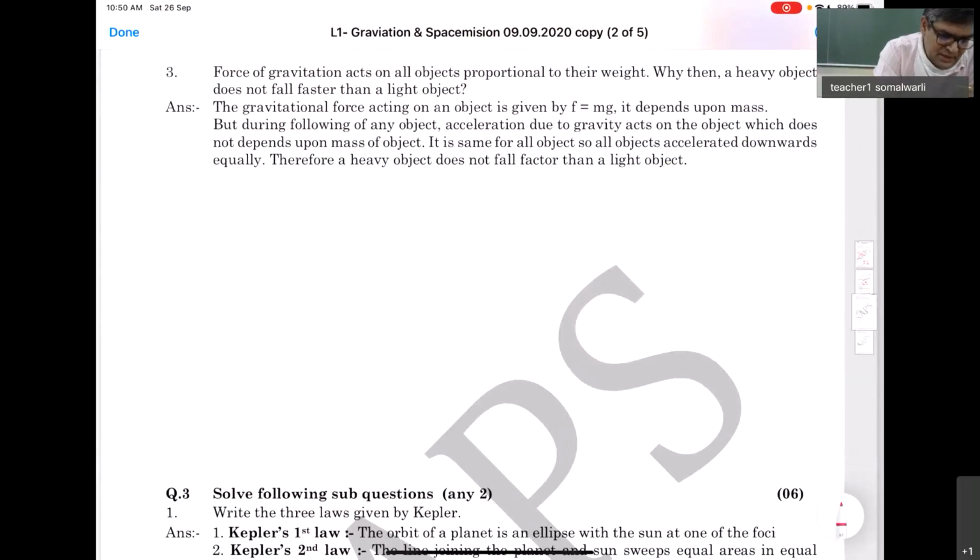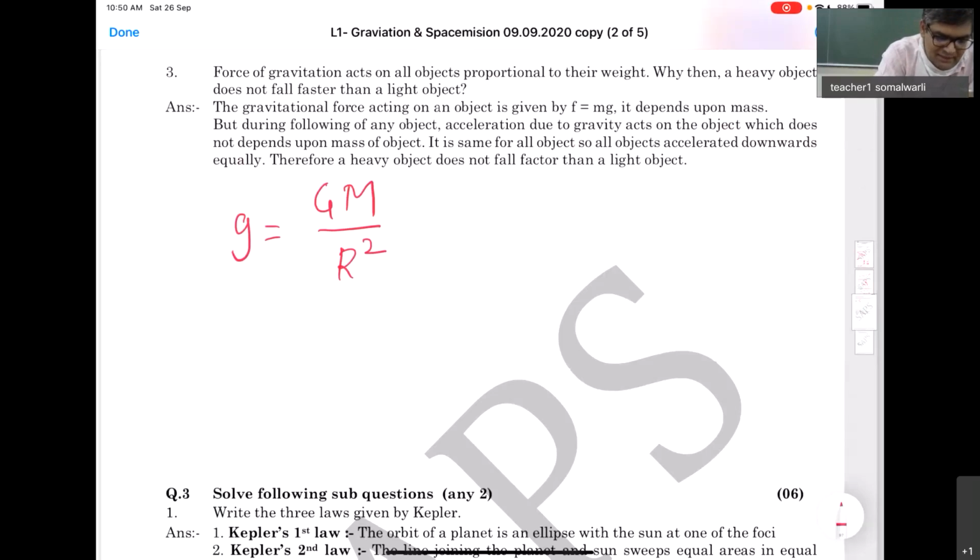Okay, now for this we have to understand that this acceleration due to gravity is given by the formula GM upon r square, where capital G is obviously a constant, the universal gravitational constant, capital M is the mass of the earth, or for that matter mass of any other planet, and r is the radius.